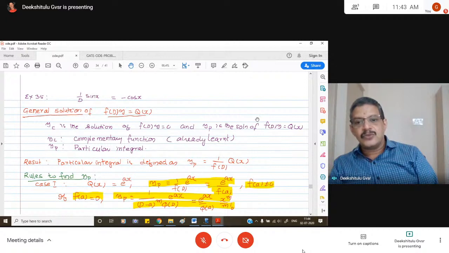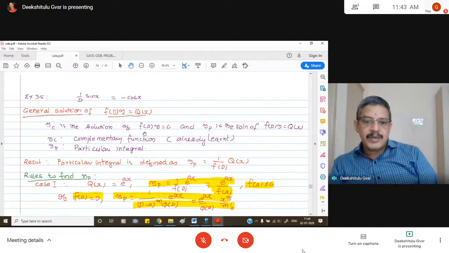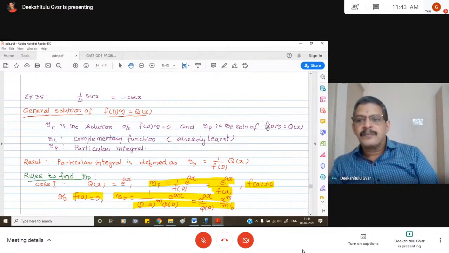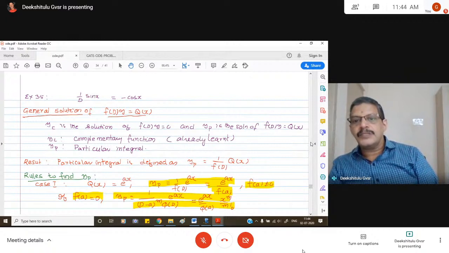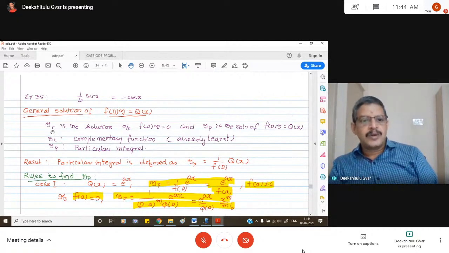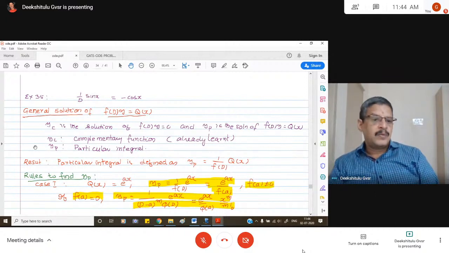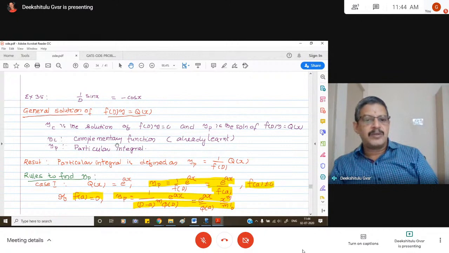Mind you, remember, f of D y is equal to 0 is called a homogeneous equation, and when you have Q of x on the right hand side, this is called a non-homogeneous equation. So the complementary function is the solution of the homogeneous equation, and the particular integral yp is the solution of the non-homogeneous equation.